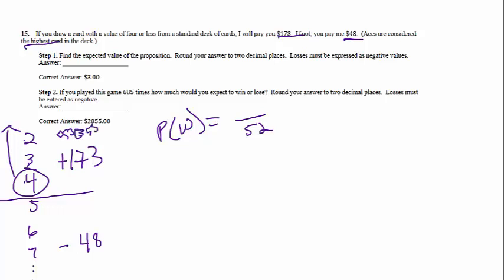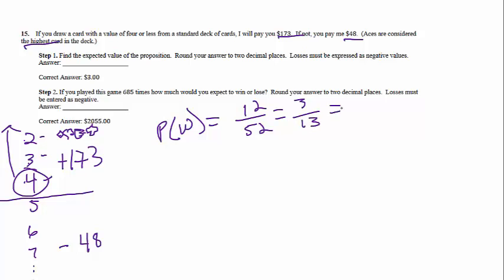So that's 3 times 4 different combinations, so that's 12 out of 52. That is 6 out of 26, 3 out of 13.